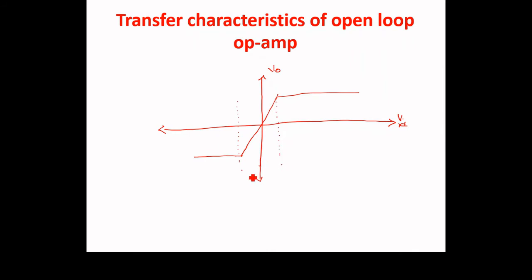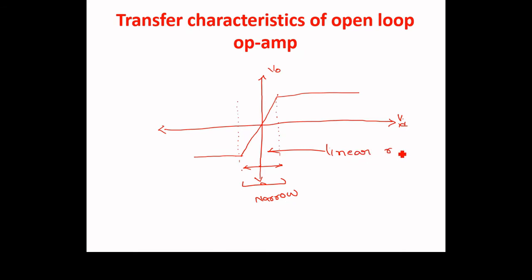In the transfer characteristic, only a very small portion of the input voltage range matters. This differential voltage may be positive or negative. We can apply positive or negative voltage, but this region is very narrow. This region is nothing but the linear region. Why is it the linear region?